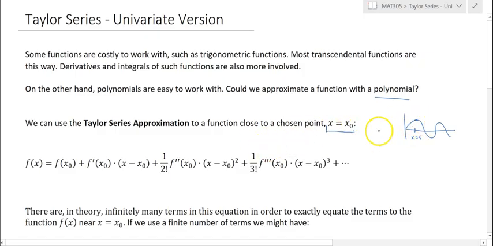Now, the reason polynomials work great is because, as you might remember, if you're taking a look at a constant function or a linear function, those don't have any changes in direction. When you get into a quadratic polynomial, it has one change in direction. So you get basically an increase and a decrease. When you get into cubics, now not always, but you can write cubics to have two changes in direction.